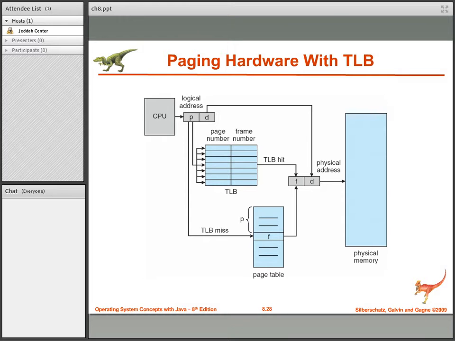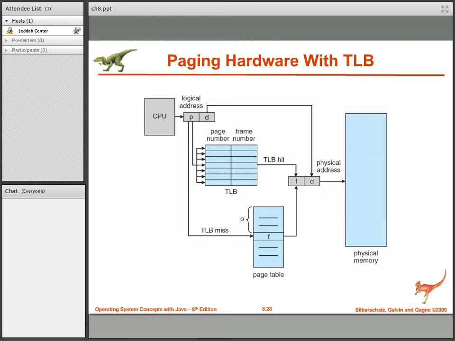First, you consider the P and you look in the TLB for which frame number corresponds to this P. If you find a frame number corresponding to this P, then you consider you have a TLB hit. If you do not find a frame number corresponding to P, then you consider that you have a TLB miss.